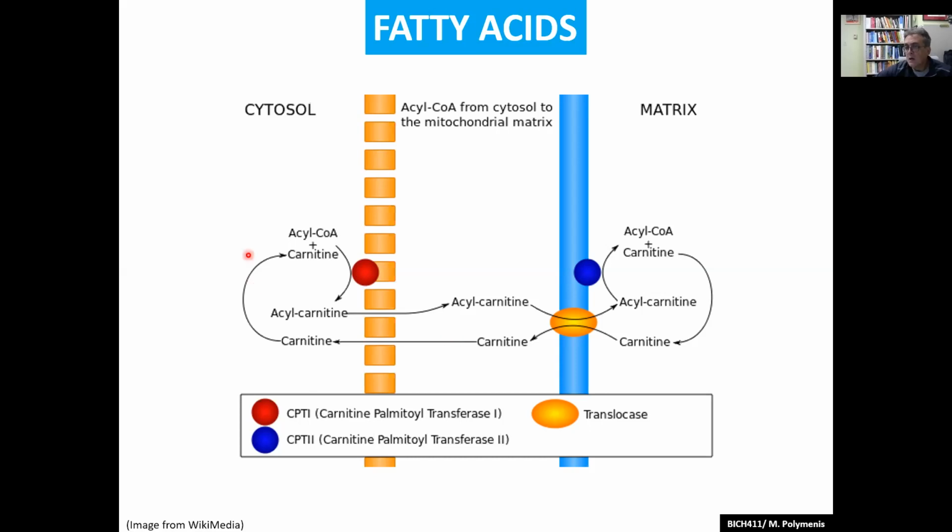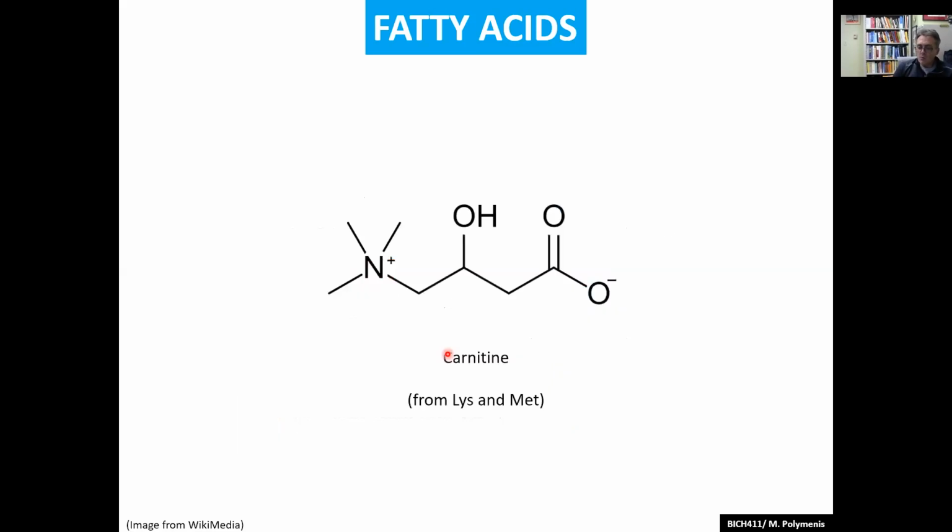The palmitoyl transferases 1 and 2, the ones that do this reaction with carnitine, CPT1 and CPT2, the cytoplasmic and mitochondrial versions shown here in red and blue respectively, turn out to be very important proteins. And this is how carnitine looks. It's very small.